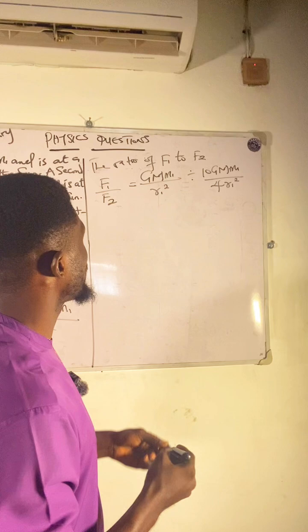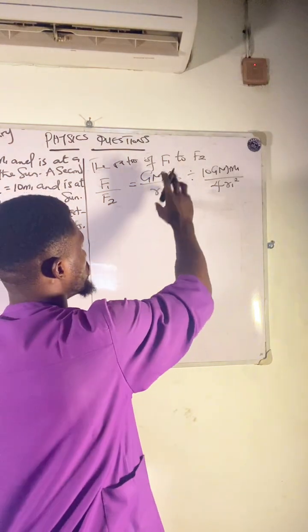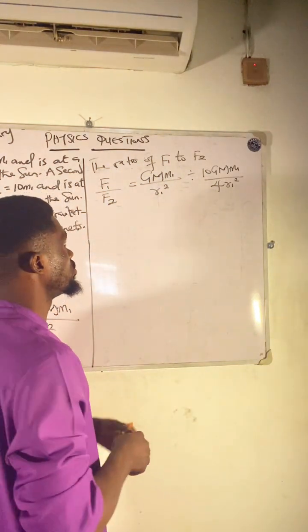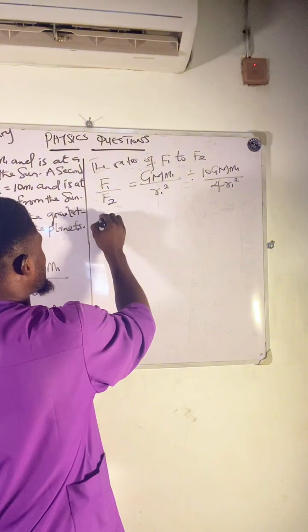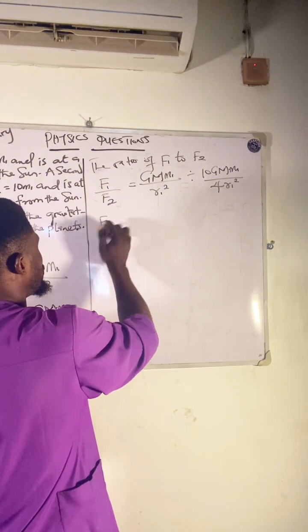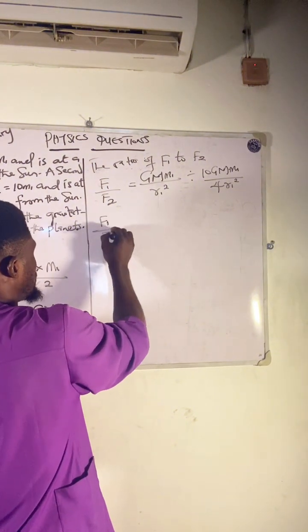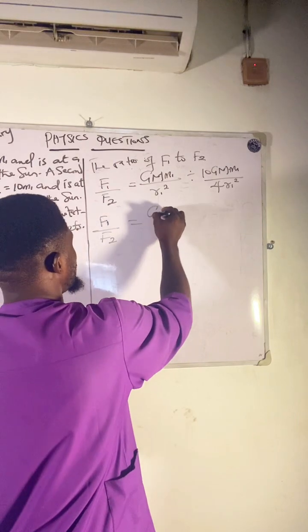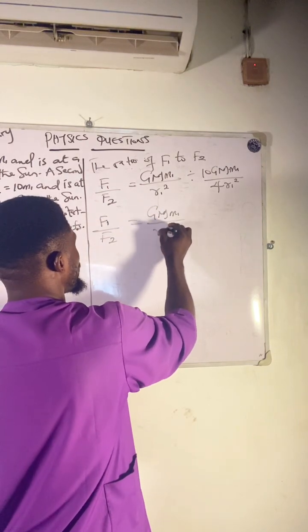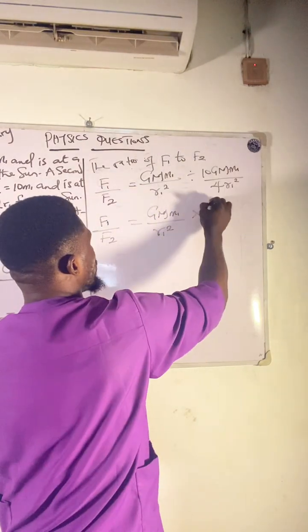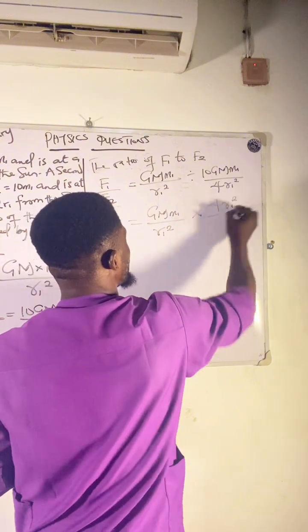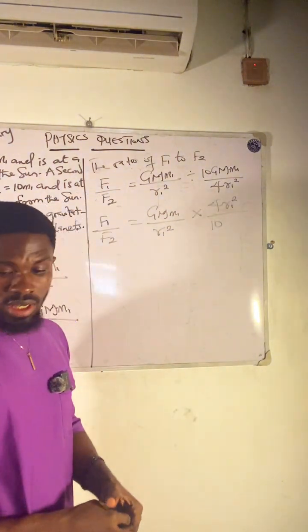It's easier for us to cross multiply, or evaluate rather. So the ratio of F1 to F2 is G M1 over R1 squared times 4 R1 squared all over 10 G M1.